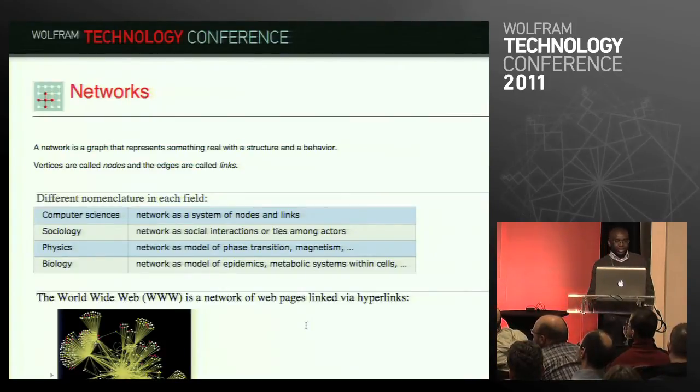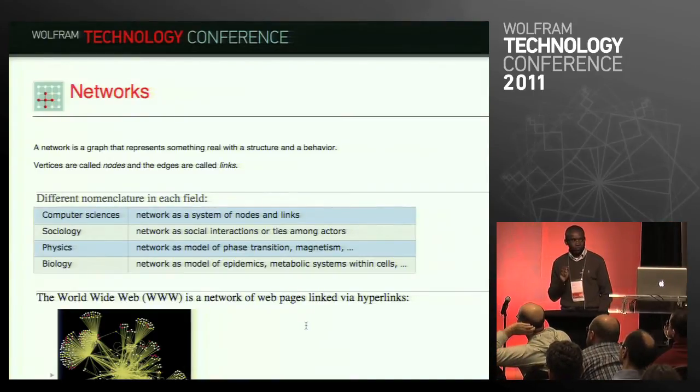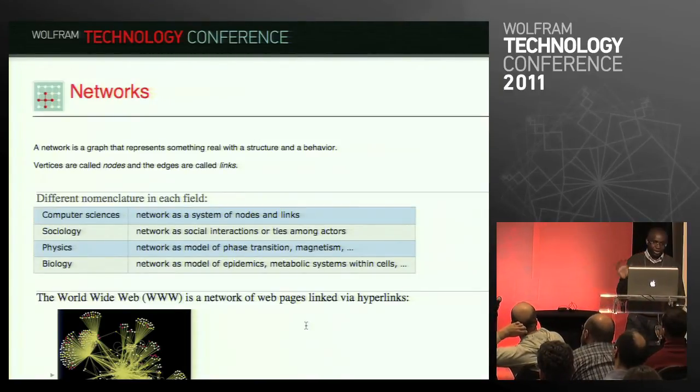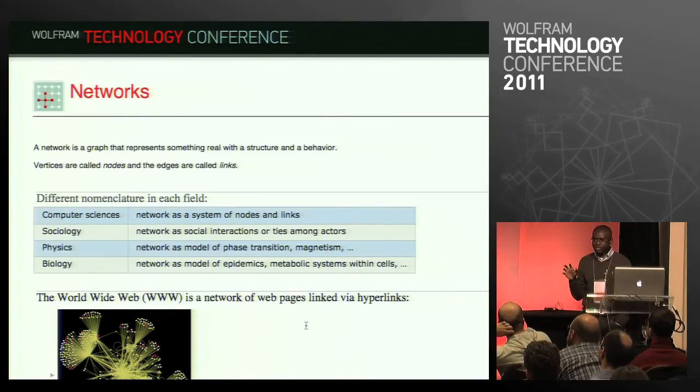As I said before, a network is a graph where you add some property. So it's something real. It's not just the topology, not just the relation between entities. If you are in physics, for example, phase transitions are a nice model for networks, and a lot of results in social network analysis come from physics.